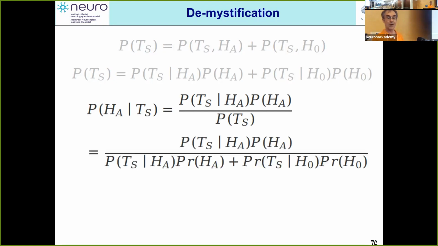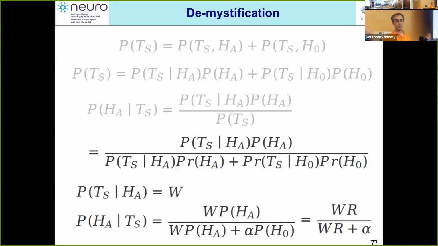So that's easy. Now you just plug in what I've just told you about. You plug in the denominator with that line, and then you define the probability of the test being significant knowing that the alternative is true. That's power, exactly the definition of power.